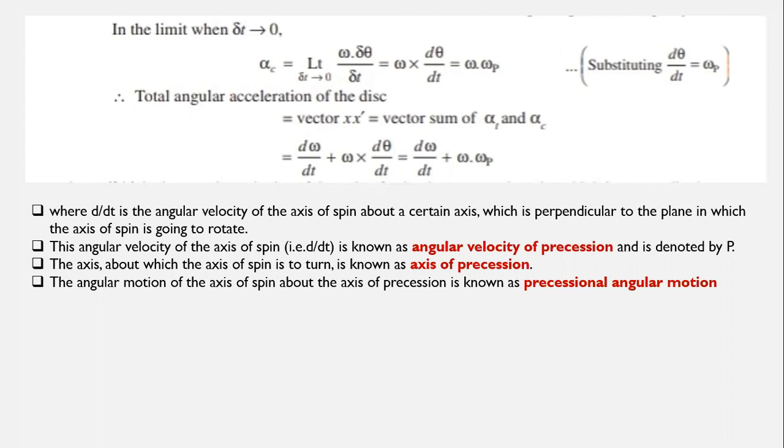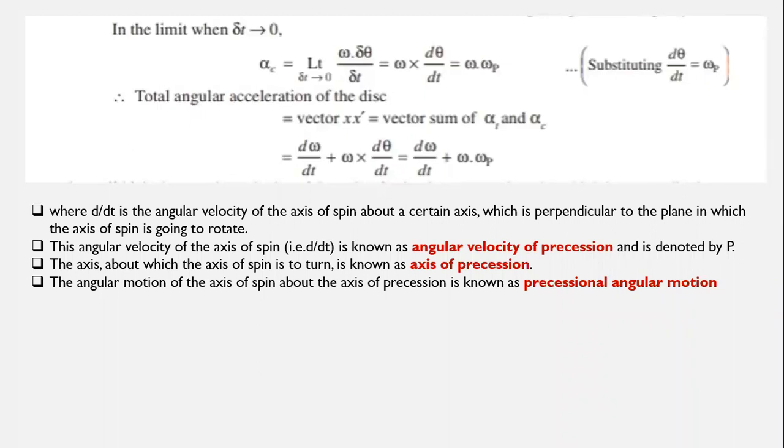Let's see the first one. The angular velocity of the axis of spin is known as the angular velocity of precession, and it is denoted by omega p. The axis about which the axis of spin is to be turned is known as the axis of precession. Earlier we studied only the angular velocity of precession, but here we are studying the axis about which the spin axis is turned, which is known as the axis of precession.